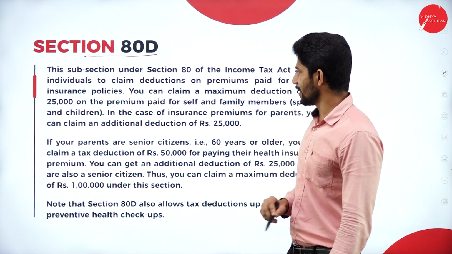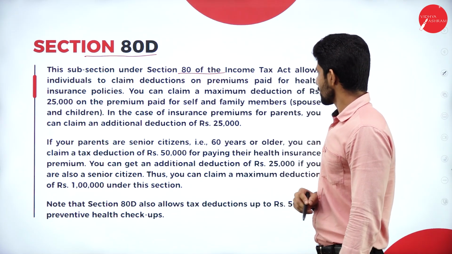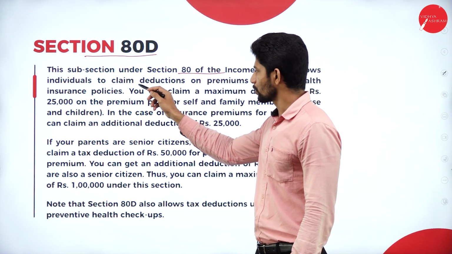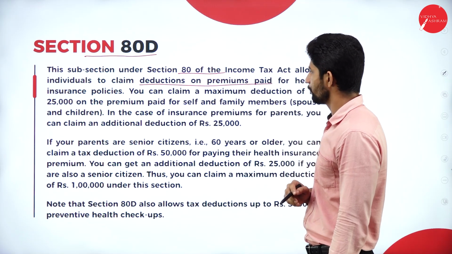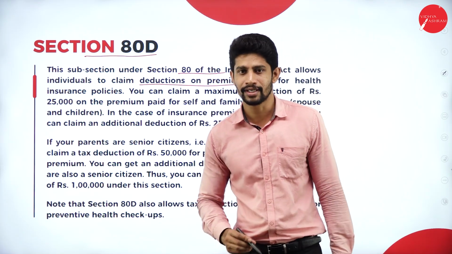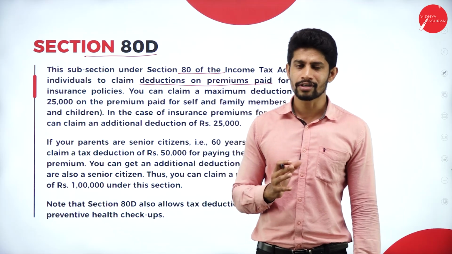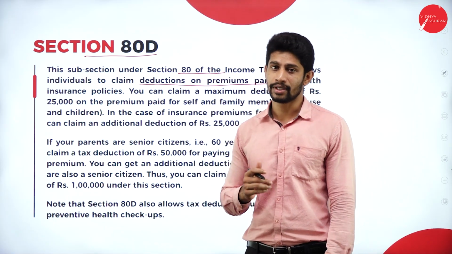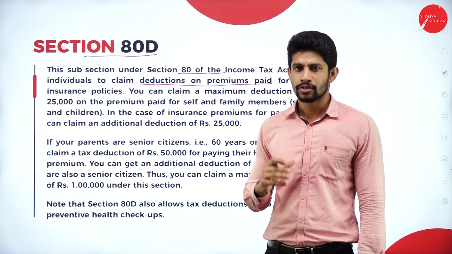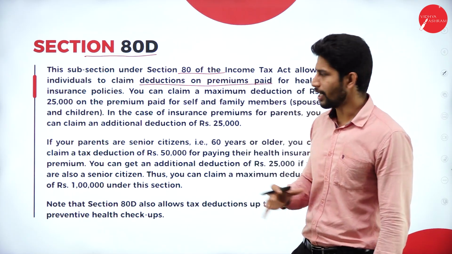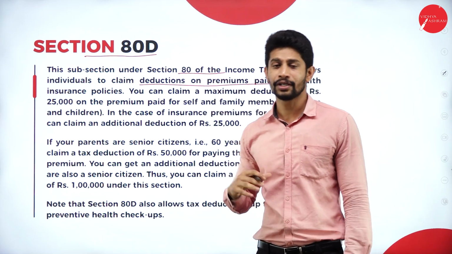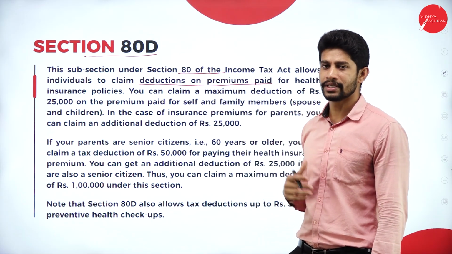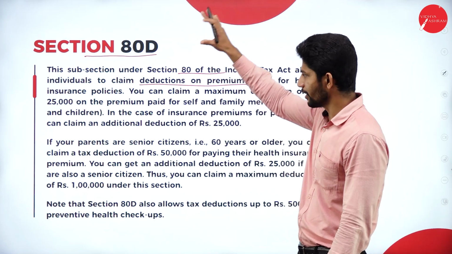Section 80D under the Income Tax Act allows individuals to claim deduction on premium paid for health insurance policies. Section 80D talks about premiums paid toward health insurance. If you are investing in health insurance, obviously you can ask for deduction under section 80D.